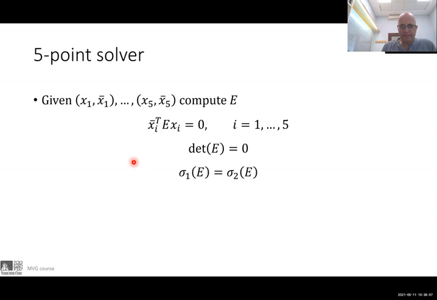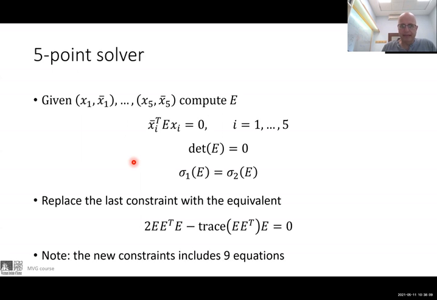Now, the last equation, on the singular values, we can make it look more like a polynomial system. Essentially, we replace it with this constraint: 2E E transpose E minus the trace of E transpose times E equals 0.